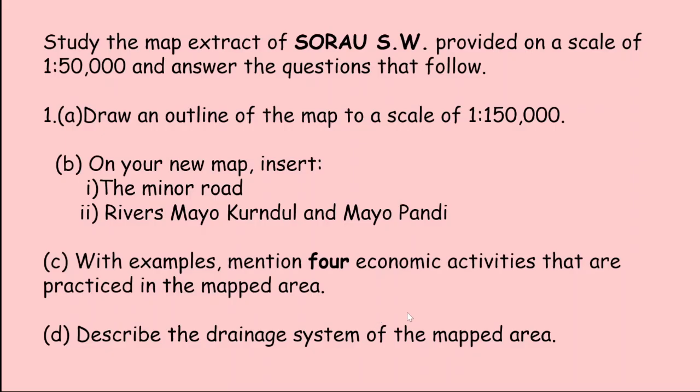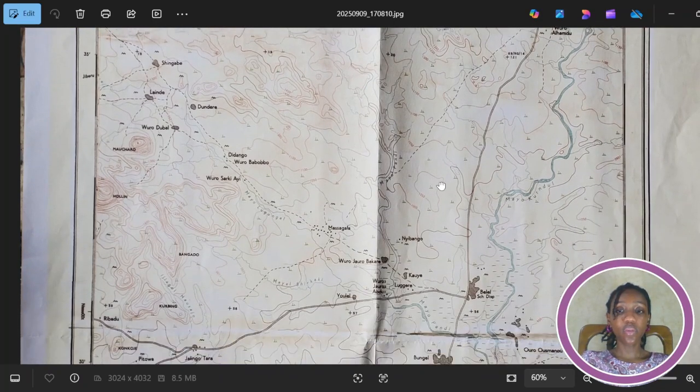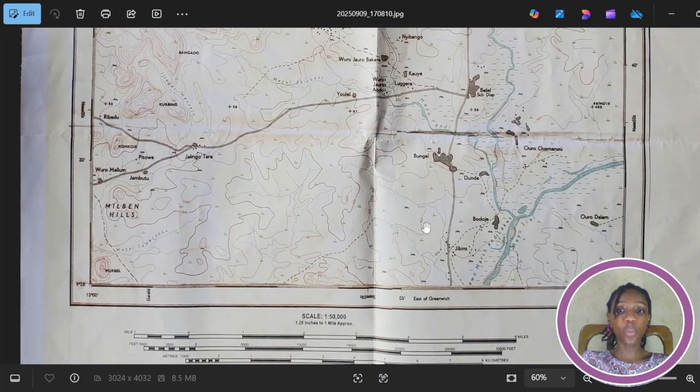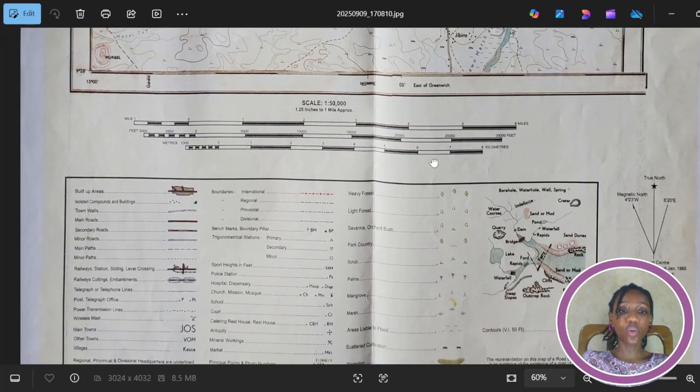Now let's quickly look at our map so that we can identify these features that we're supposed to draw on our new map. Now this is a picture of the map, Sorao SW, Neco 2024. Let's take a look at the whole map. We also have the map key at the bottom.